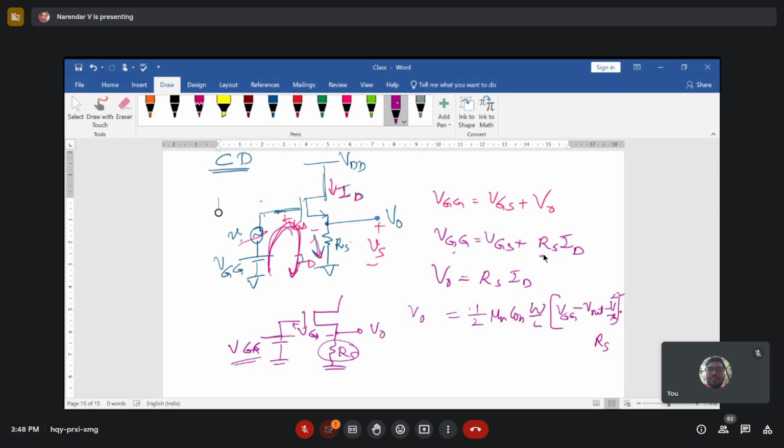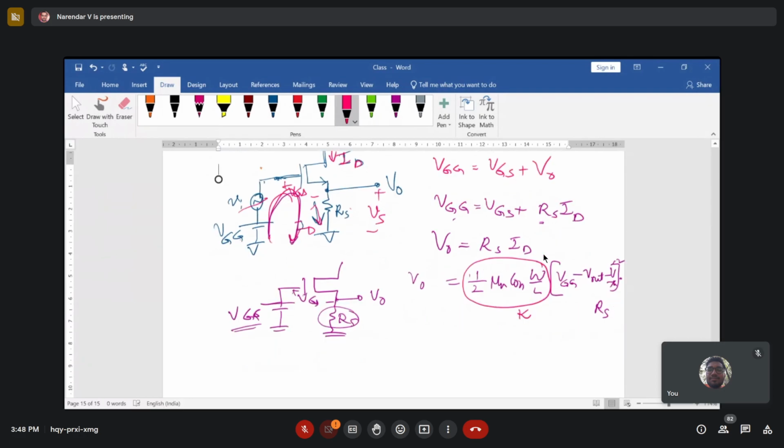Now we take this entire factor as K and rearrange, where this is V out and this is V out. Arranging this term, you will get the square root of V out by K times RS, plus V out, which equals VGG minus VTH.